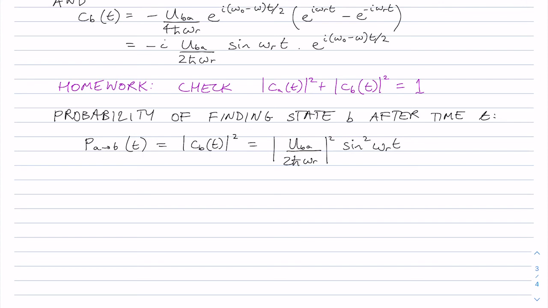So there's two parts to this. Firstly, there's this intensity, if you like, (UBA over 2 h bar omega r) squared, which we could also write as UBA squared over 2, and if I just expand out the h bar omega r, that's omega minus omega naught squared plus... I'm sorry, that should have been an h bar squared at the top.